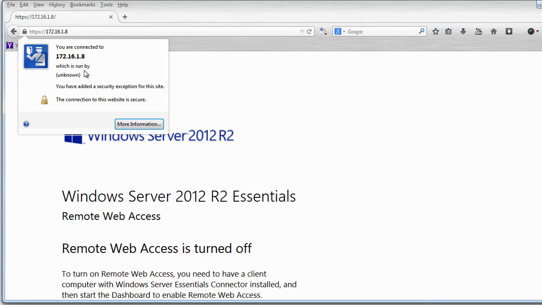This certificate was created by a device that we don't really trust, and that's not good, because the whole idea of a certificate is to get it from a place that we trust.